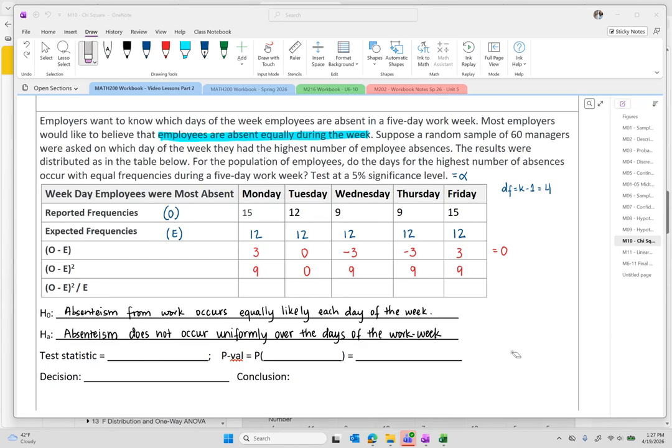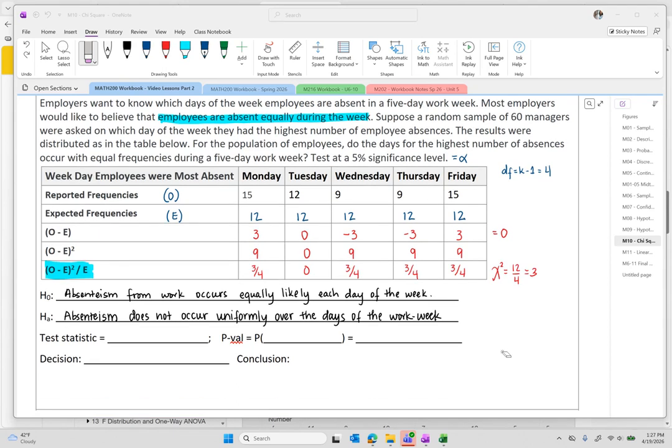And then we want to divide these squared quantities by the expected value of 12 for each one of the categories to find the Pearson residual for each of the days of the week. And I have 9 divided by 12, which is 3/4 or 0.75, 0 divided by 12, 9 divided by 12, 9 divided by 12, and 9 divided by 12.